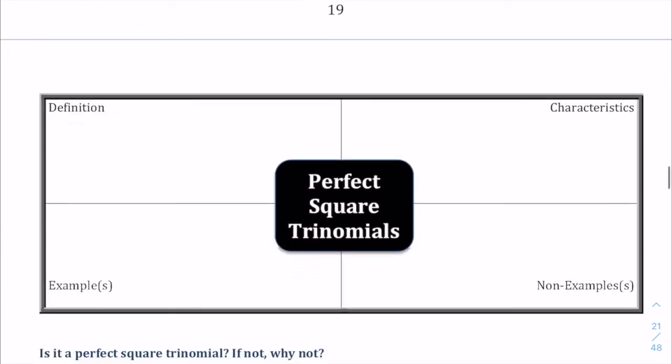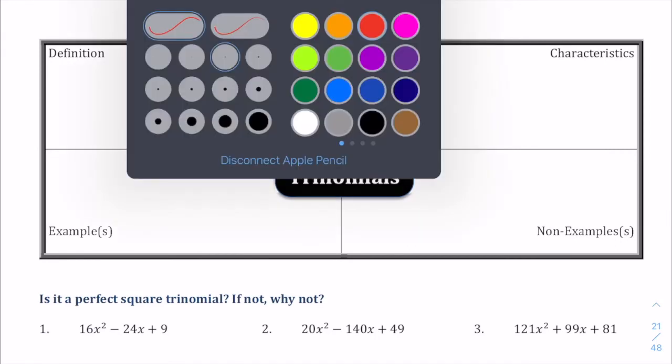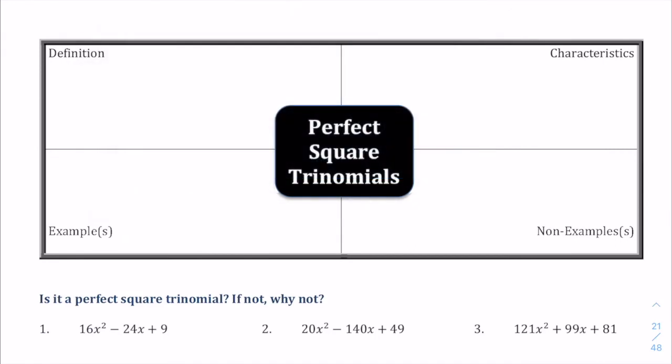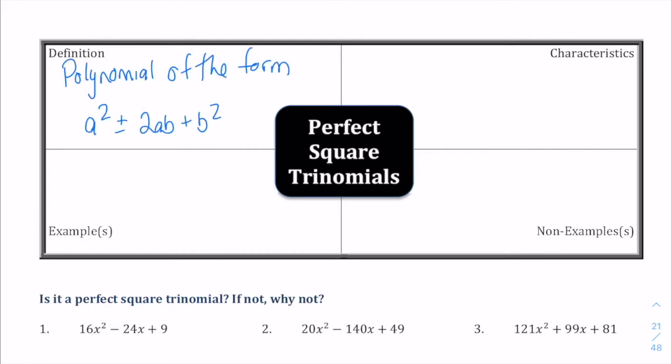Let's now look at a second special case. In this special case, we're going to be talking about something called a perfect square trinomial. So a perfect square trinomial is a polynomial of the form a squared plus or minus 2ab plus b squared. So what are some of the characteristics? First, it's a trinomial.